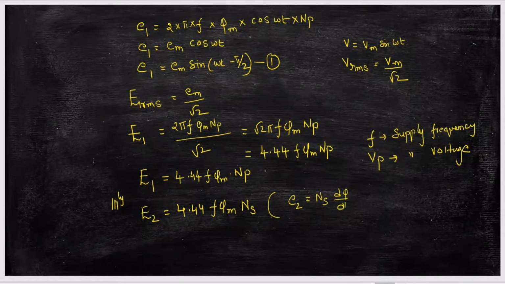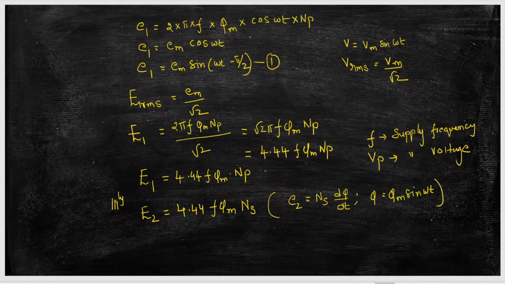So what is phi? Phi is equal to phi m sin omega t only we are using. Why? Because in a transformer, the flux is constant. So if you substitute this, then you are going to get 4.44 f phi m NS.